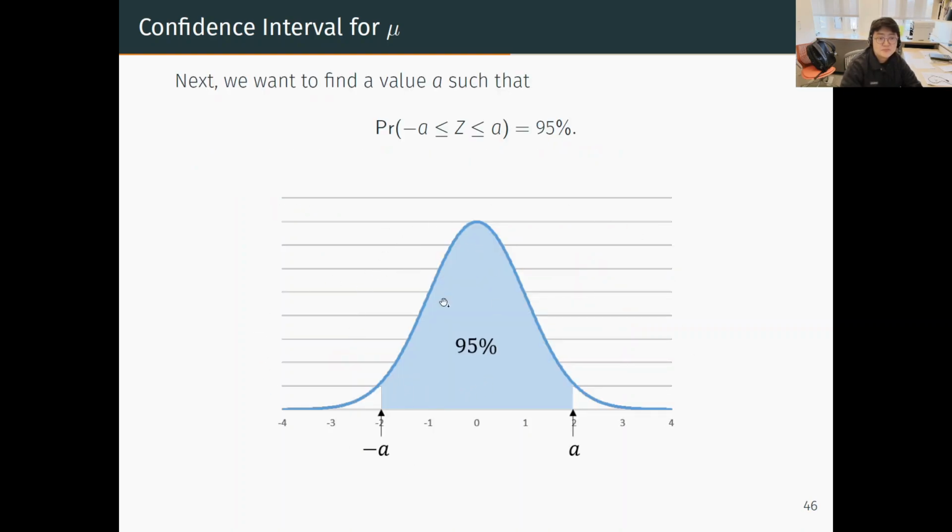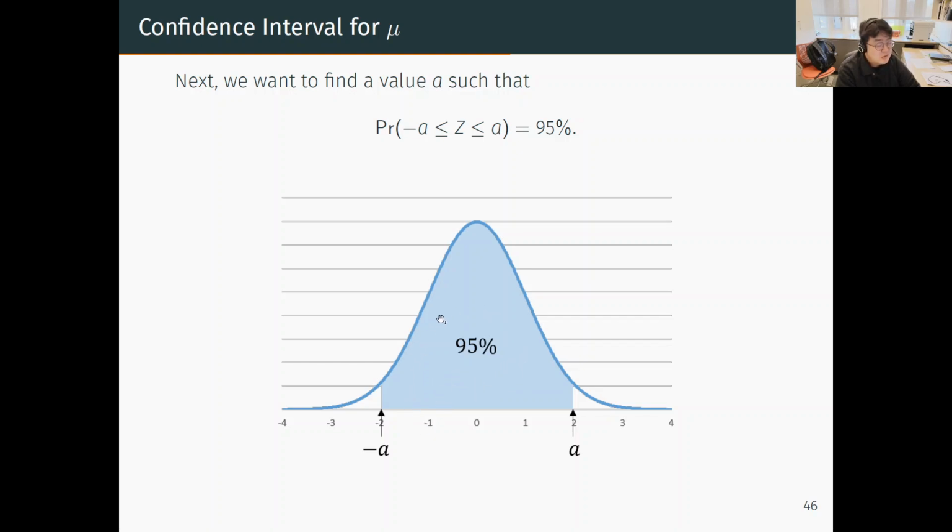This is what we do, right? The some number, I denoted as a value a. So if there is a number a, then between plus minus a, you need to have 95%. We need to find such an a, right? That is the idea. How can we find it?